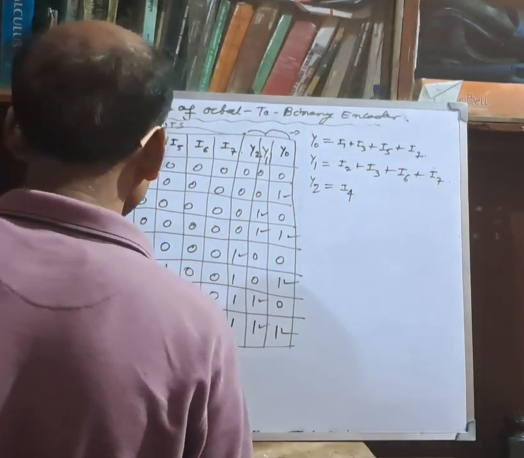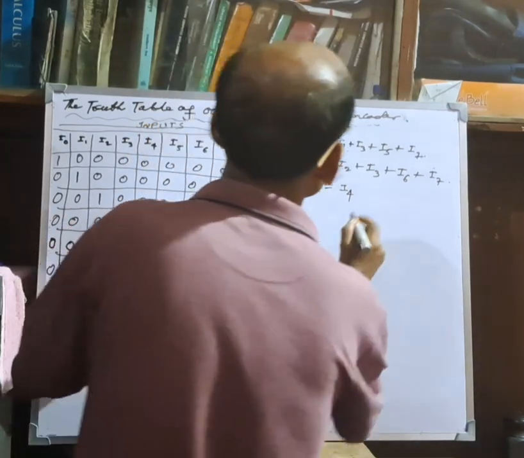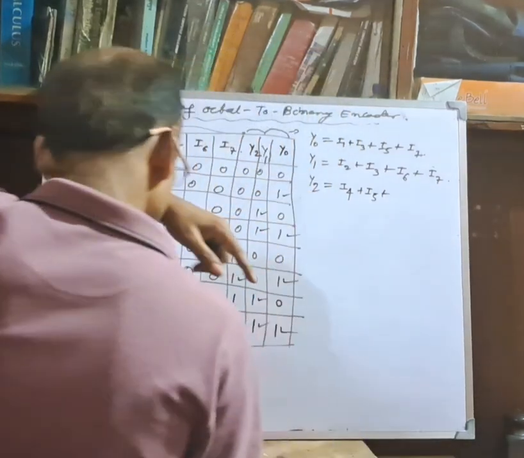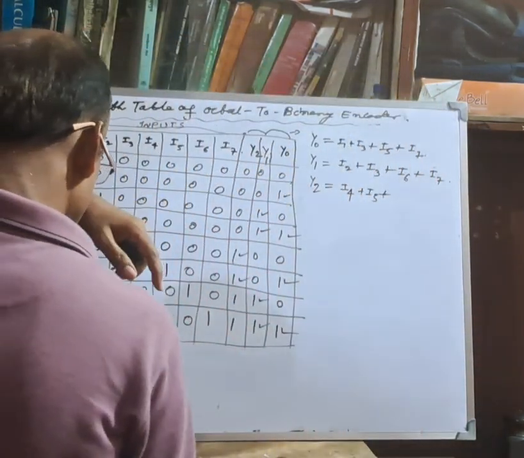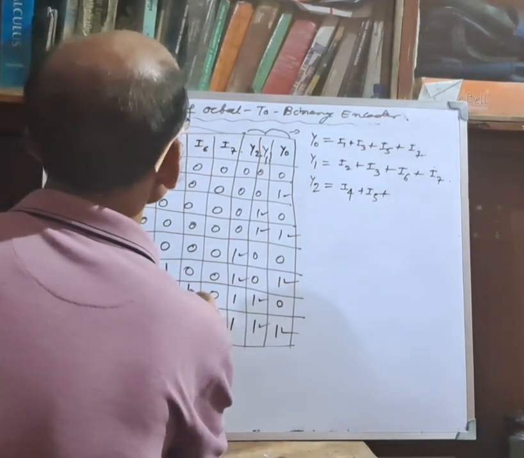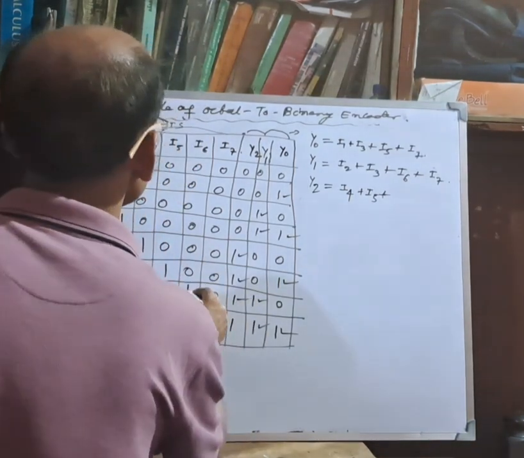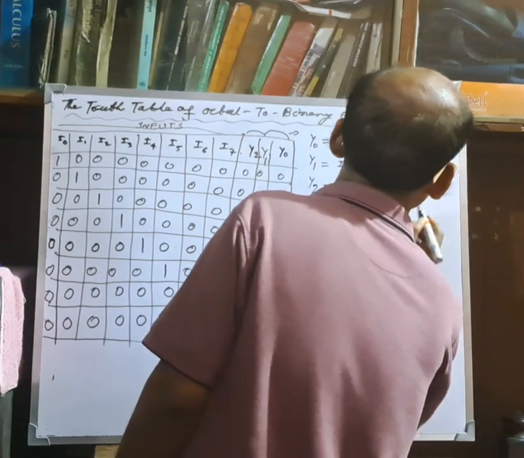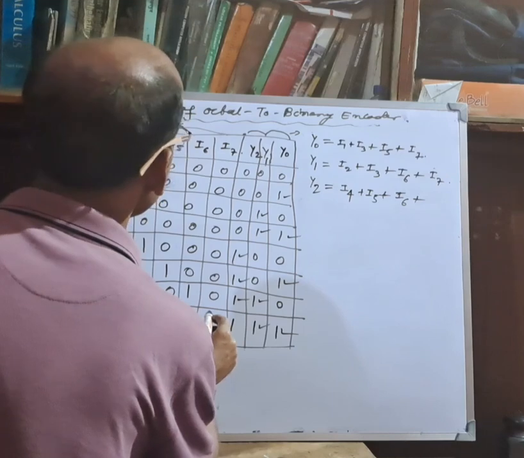This is I4 plus I5, and this is I6, and this is I7.